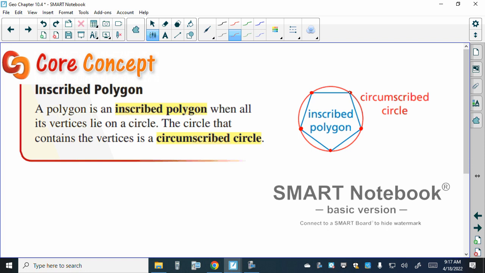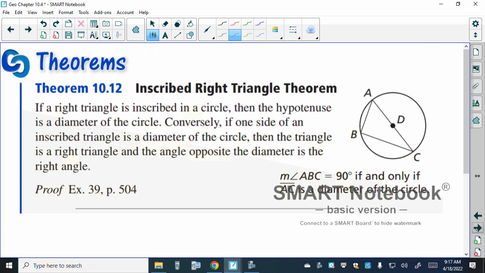And the circle that contains all the vertices is a circumscribed circle, kind of going outside. The circle is inside the figure. This here, inscribed and circumscribed polygons.